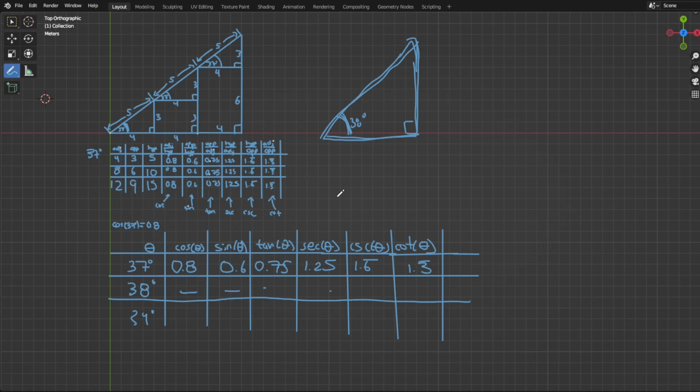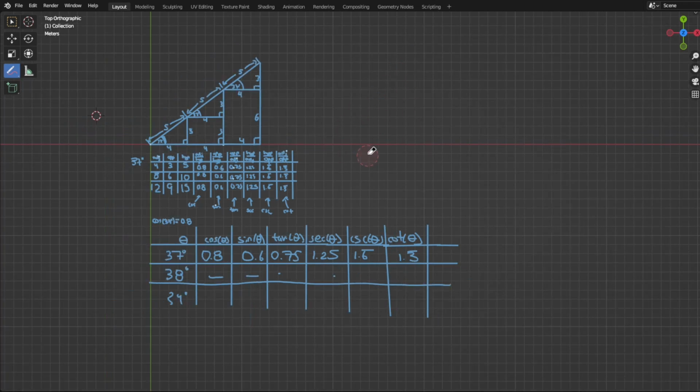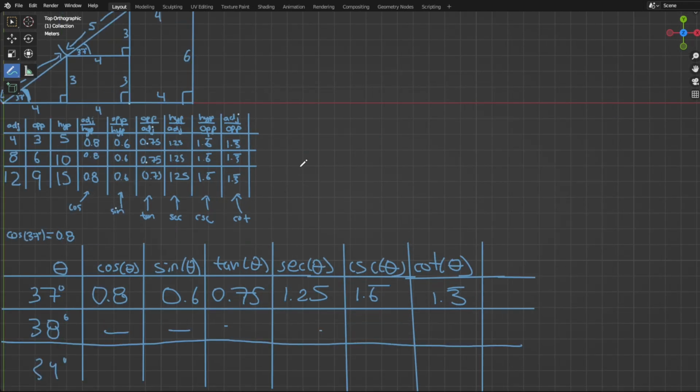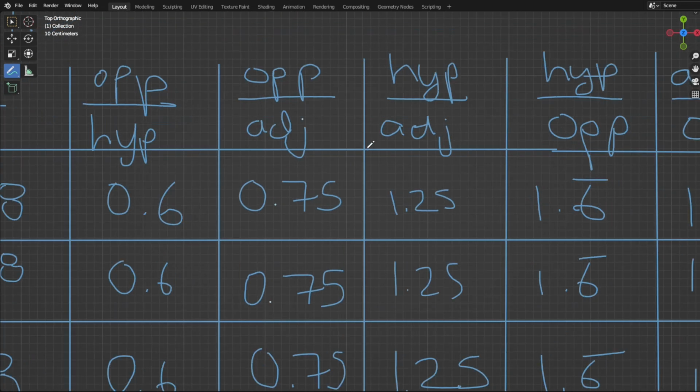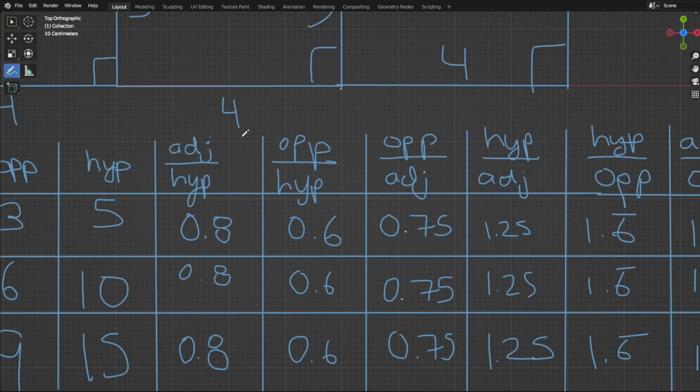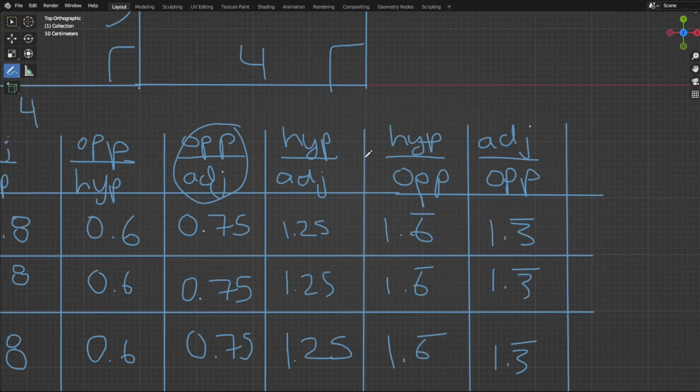But I also want to point out some other details about these functions. Notice that the cosine is related to the secant. They're inverses of each other. Like if you look at the adjacent on the bottom, the hypotenuse is on the top. And same thing with this one and this, and then this one and this one.